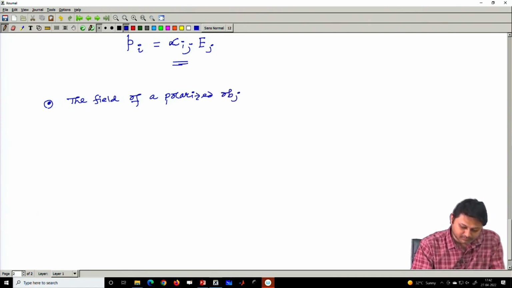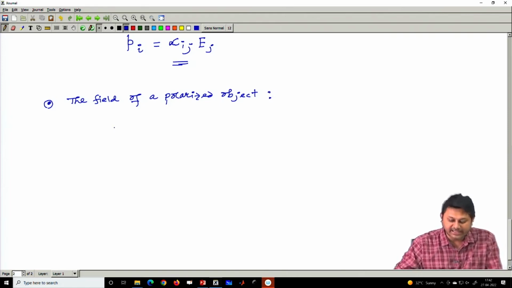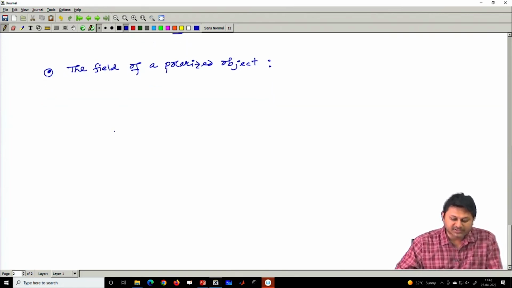So, what does it mean? Suppose a polarized object is there, and there should be a charge separation inside this polarized object. This polarized object should give us some kind of polarization, and that means some kind of dipoles are there, and those dipoles give rise to some dipole moment.